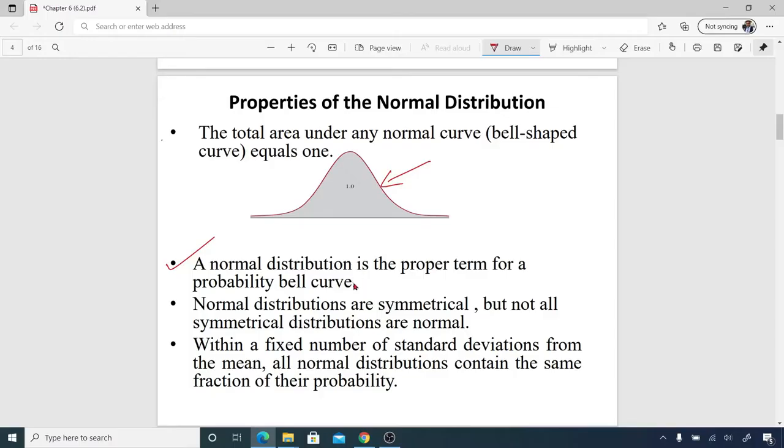And like I said earlier, normal distributions are symmetrical, but not all symmetrical distributions are normal. Just to clarify, before I explain the empirical rule: within a fixed number of standard deviations from the mean, all normal distributions contain the same fraction of their probability.